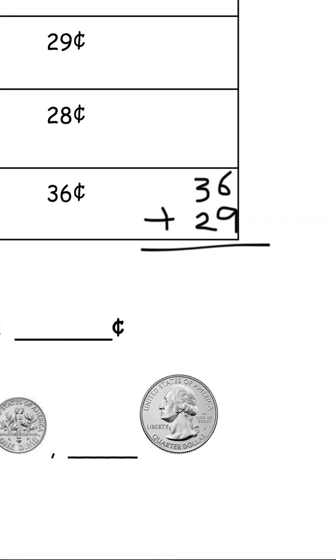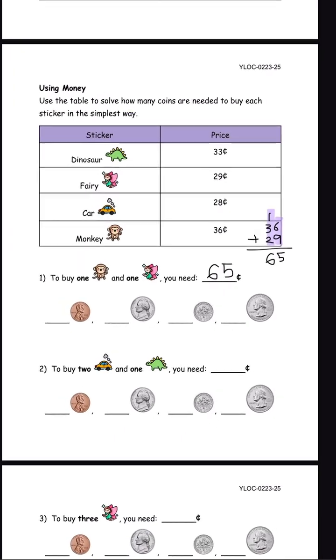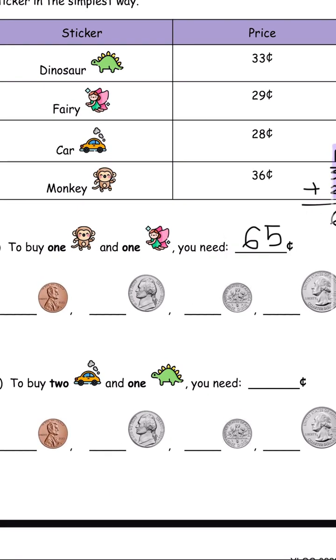Start with the ones place. 6 plus 9 is 15, so we put 5 and put this one on top over here. We do 1 plus 3 plus 2. 1 plus 3 is 4, plus 2 is 6, so that's 65, right? And now we have to figure out how many coins we need to make 65, right?